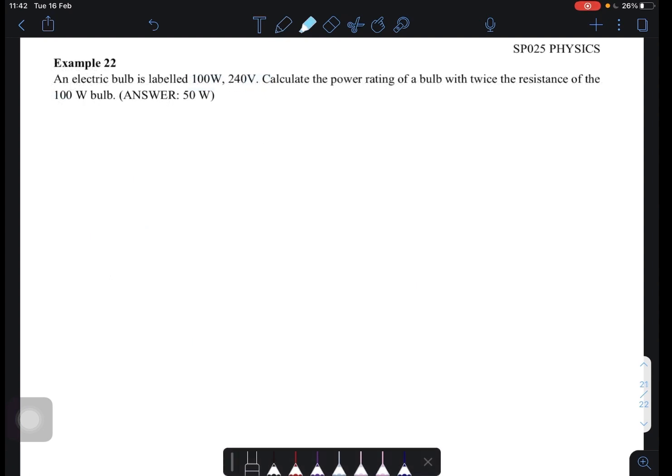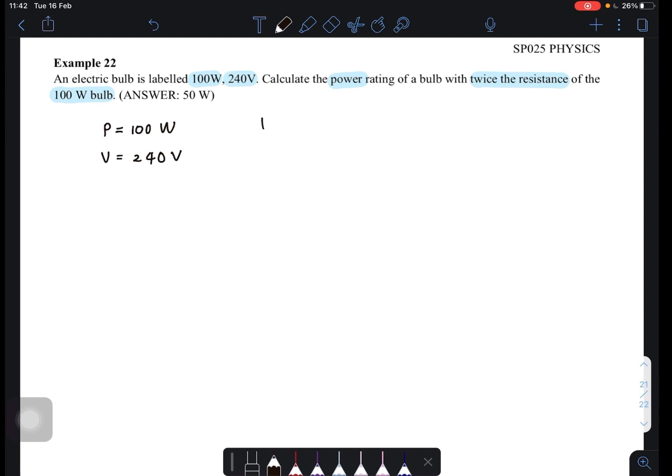Next one, example 22. An electric bulb is labeled 100 watt, 240 volt. Calculate the power of a bulb with twice the resistance of the 100 watt bulb. Okay, so we have a bulb here with a power of 100 watt, voltage of 240 volt.